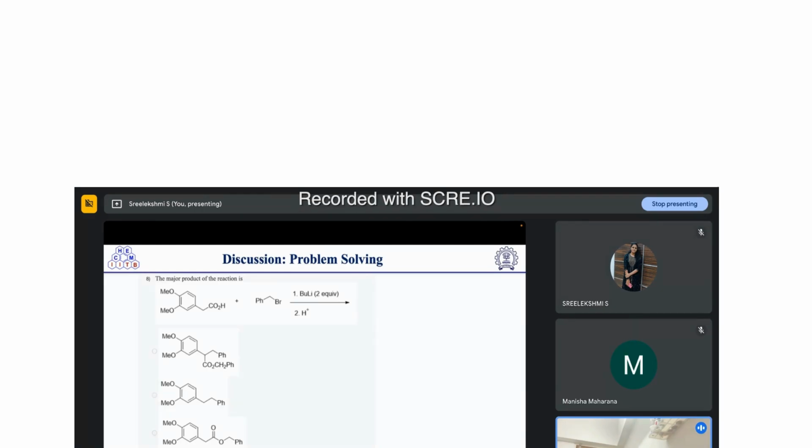Which will be the product? The fourth one, yes. So that acidic proton which is adjacent to this carboxylic acid will be abstracted by butyl lithium to form this compound. That is, this enolate will exist as this lithiated species. Then this will attack this position and Br minus will be eliminated to give this option D.